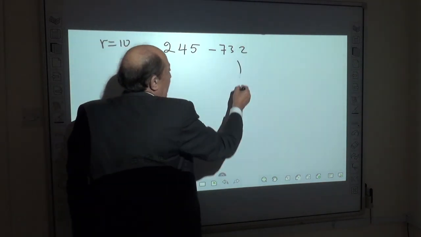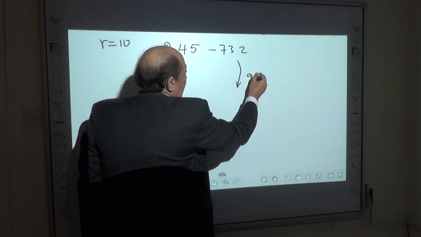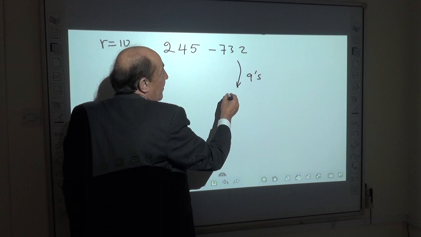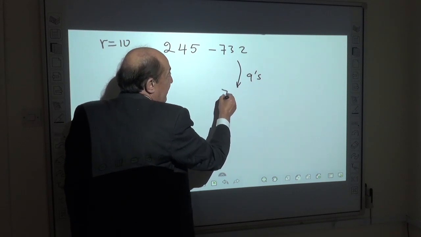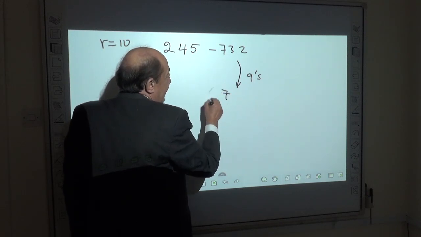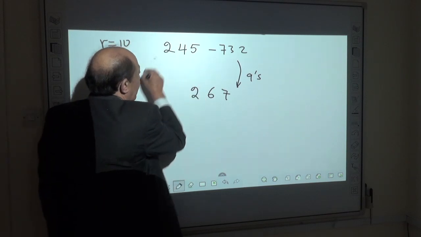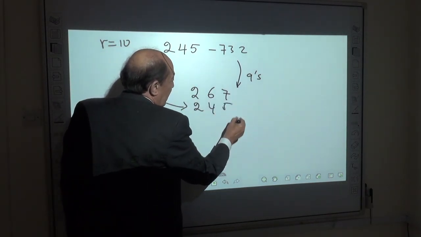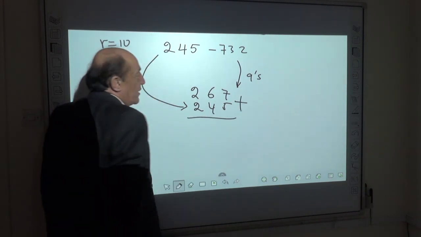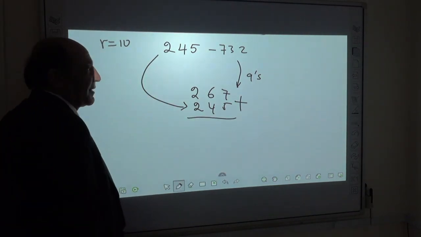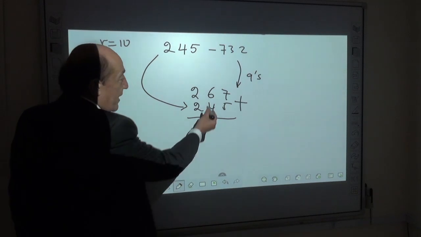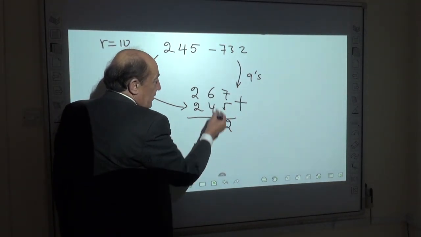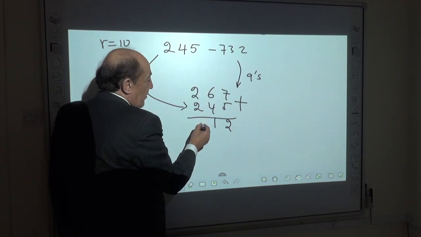We find the 9th complement by subtracting all digits from 9: 754. We add to A, 245. You see, we do not perform any subtraction, we perform addition, but with complement.